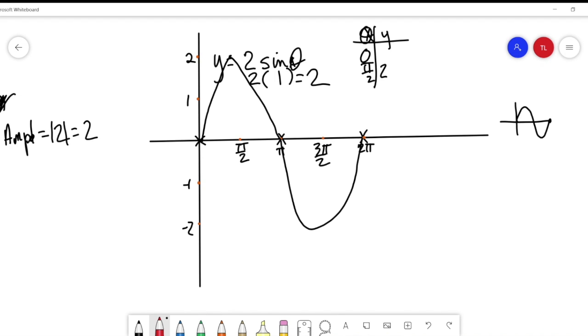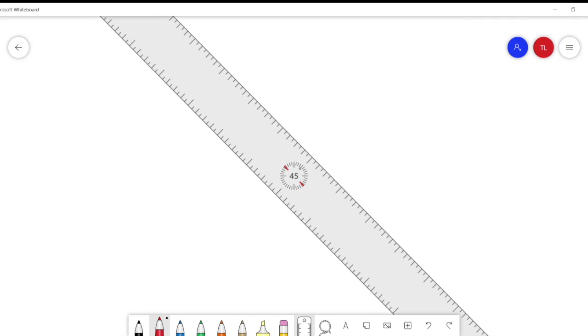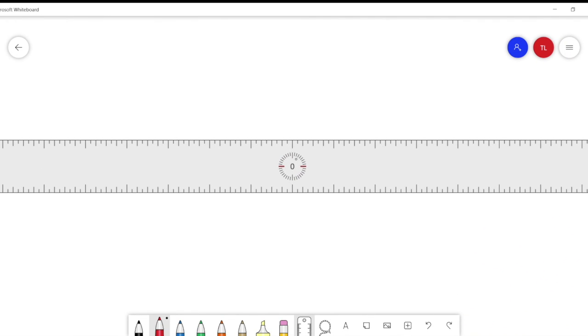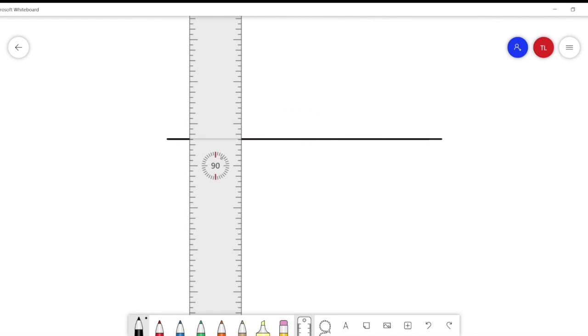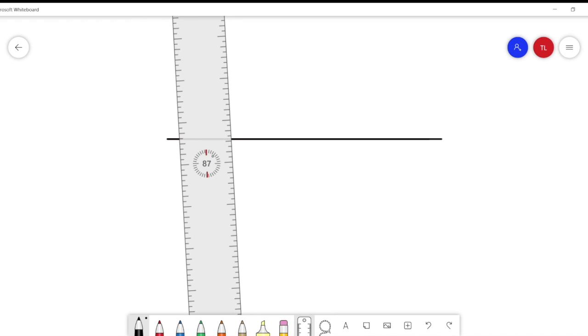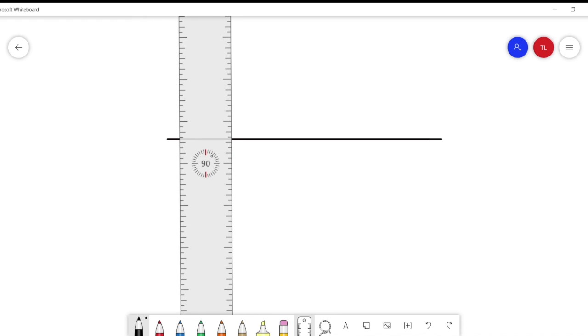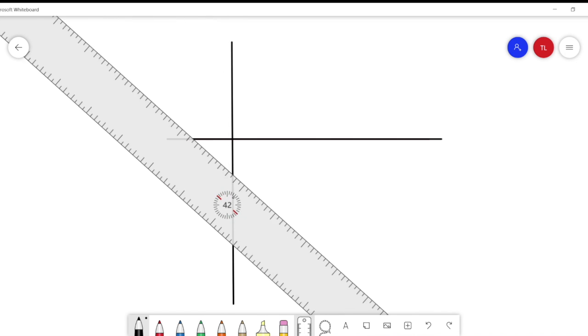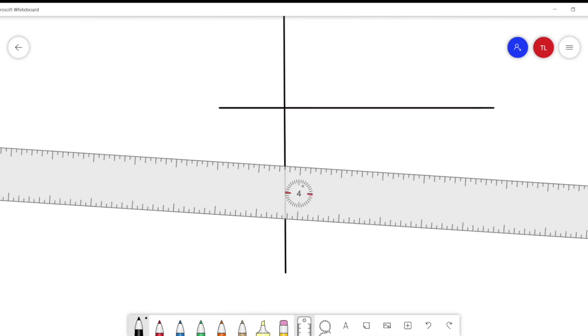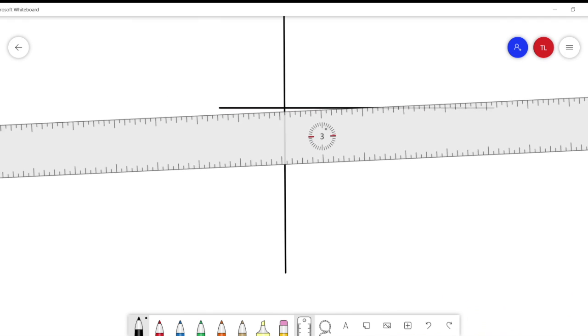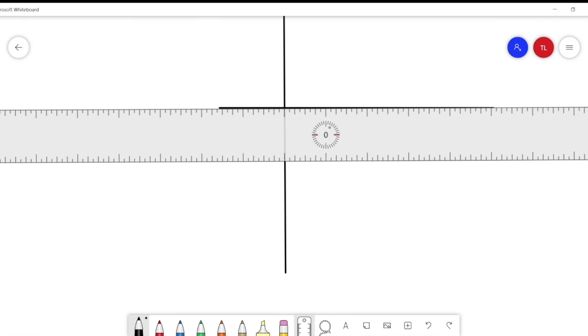Now, let me see if I can get another one halfway decent up here. Like I said, I do want a straight line, so I do want these lines to be straight. All right. So let's draw one vertically. Now, then we mark it off. Come back here. Mark it off. All right. 1, 2, 3.